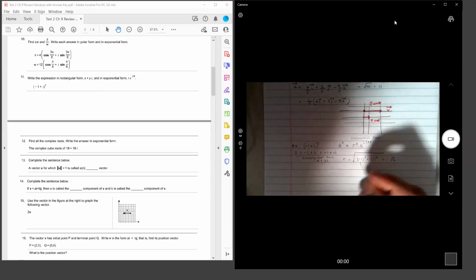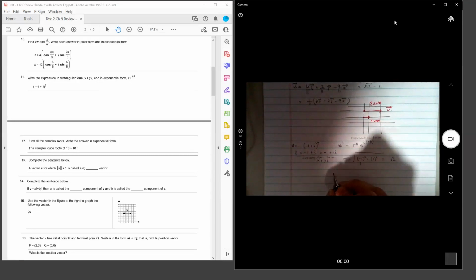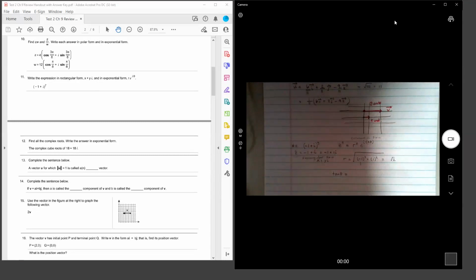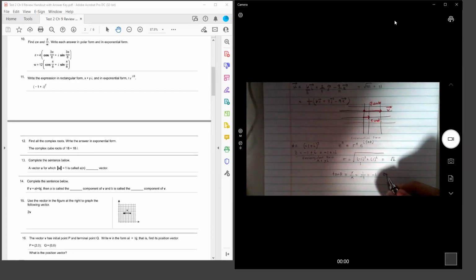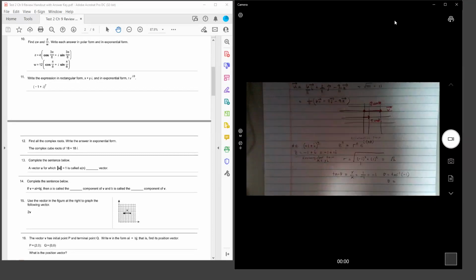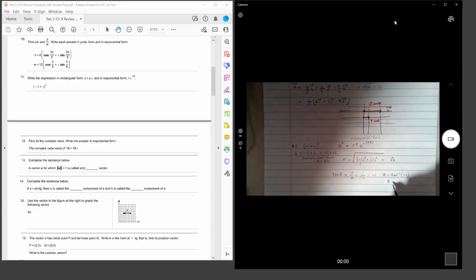Theta can be found by using tangent of theta is equal to y over x. Y is 1, x is -1. So theta is equal to the inverse tangent of -1. I'm going to stop here for a second, because I need to make sure that I get the right angle.